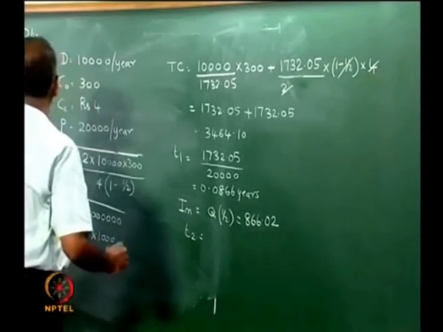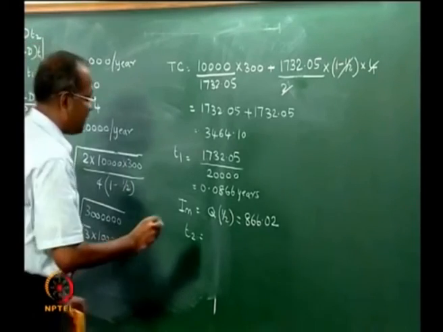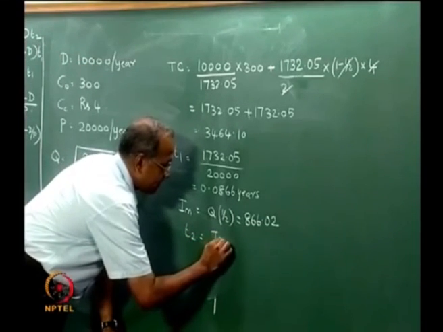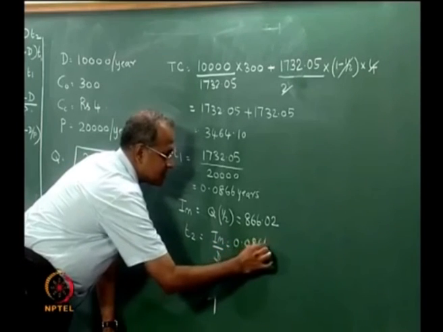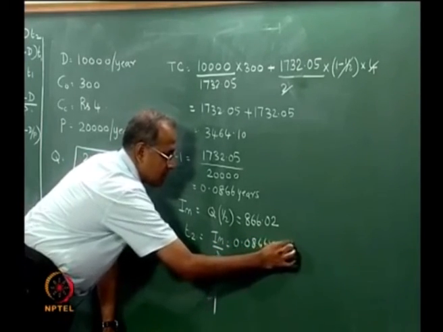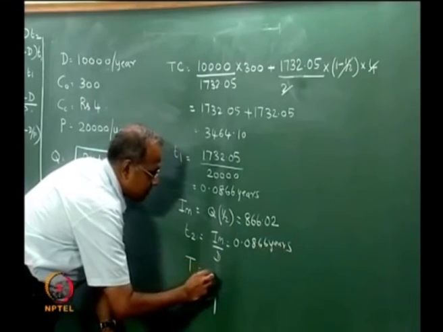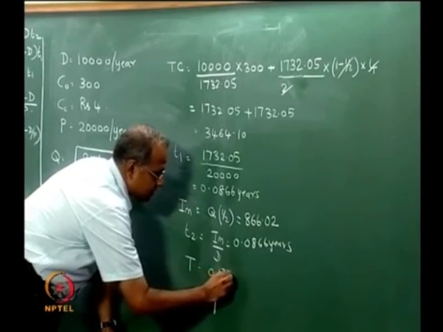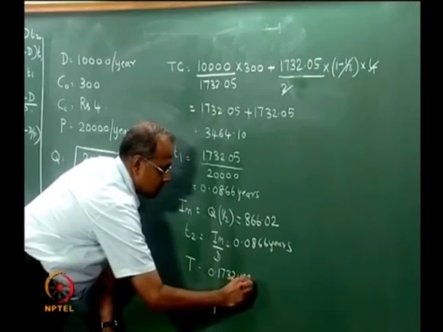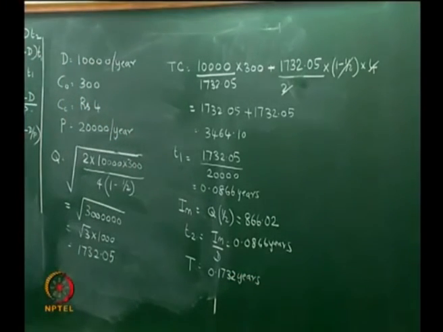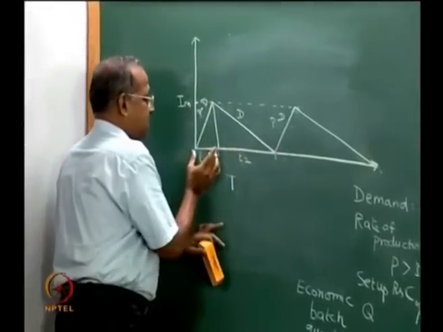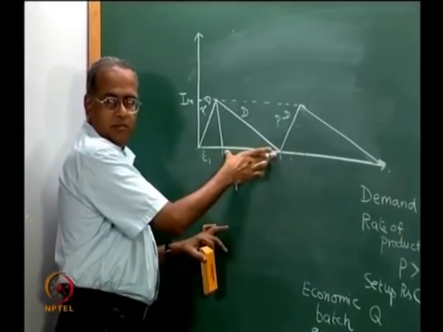So, T2 is equal to Im divided by D, which will be another 0.0866 years, and the cycle time T will be 0.1732 years. So, in this particular example, when we draw the graph, you realize that T1 is equal to T2.